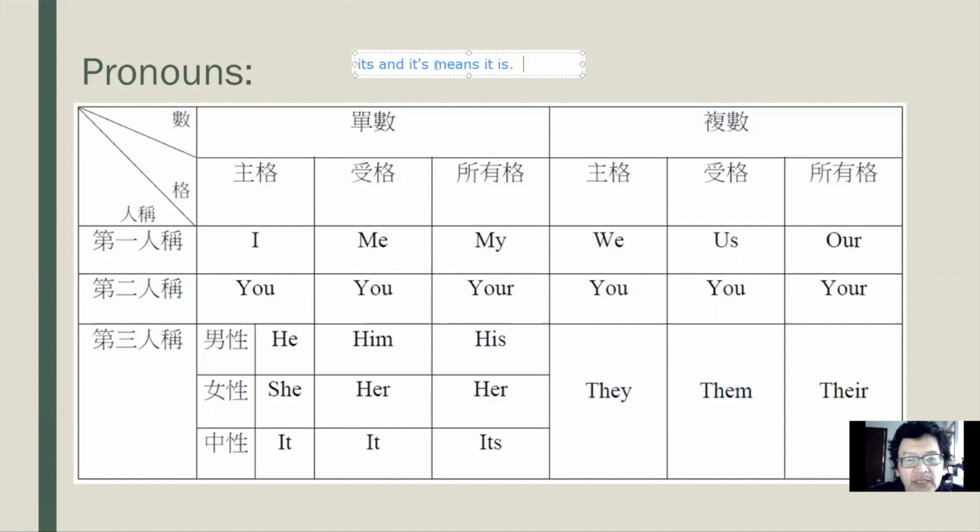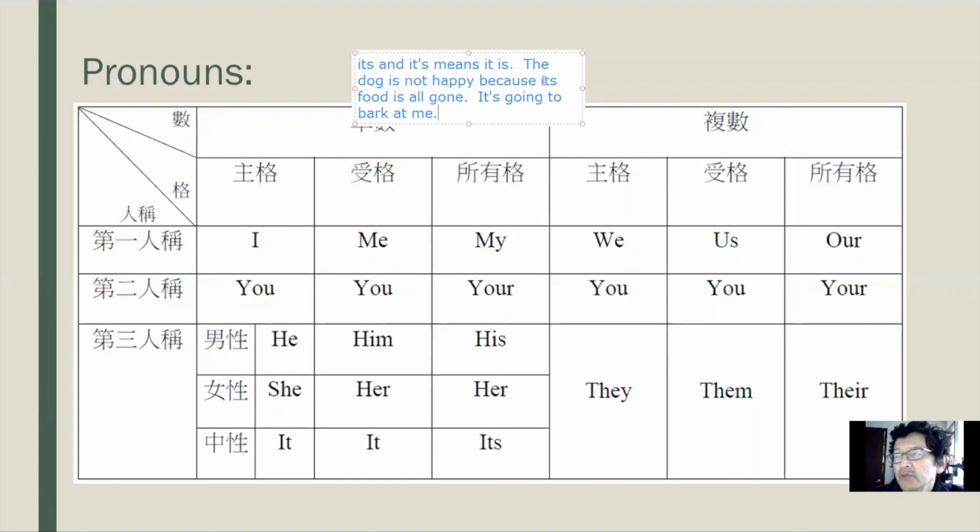An example sentence would be, the dog is not happy because its food is all gone. It's going to bark at me. The dog is not happy because its food is all gone.